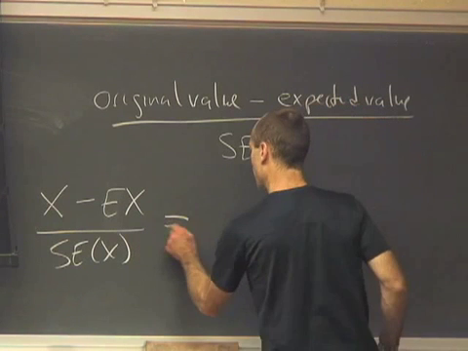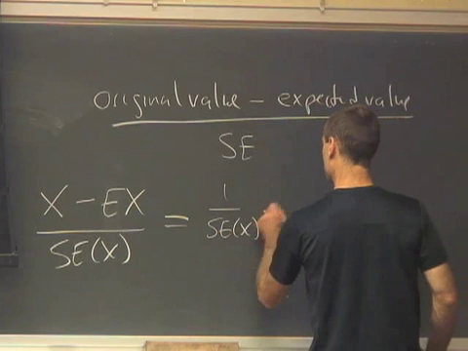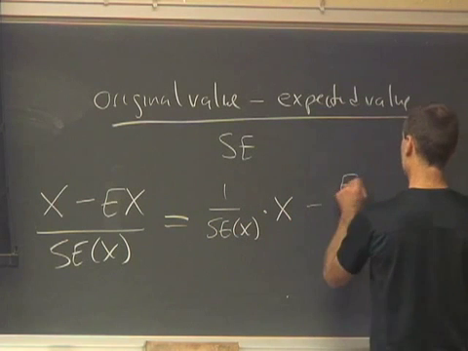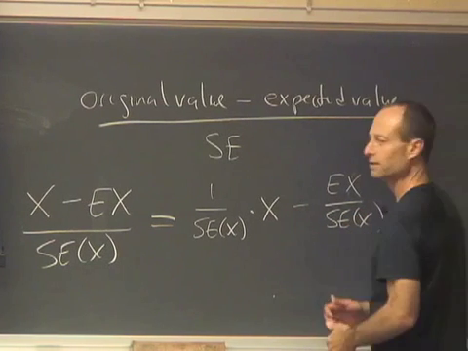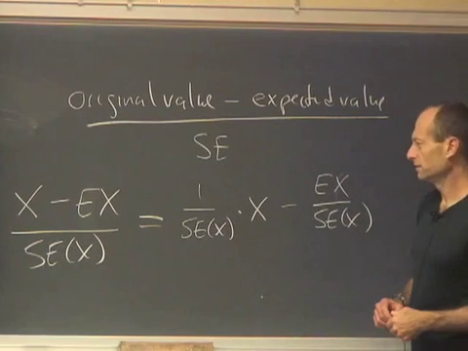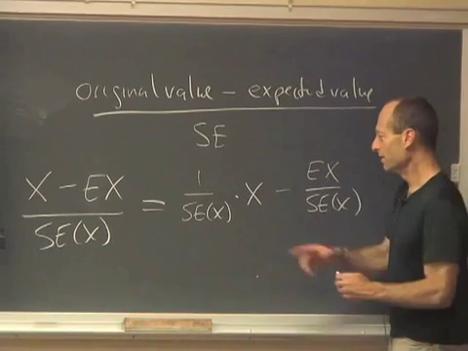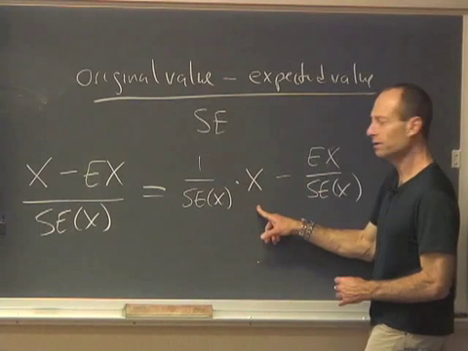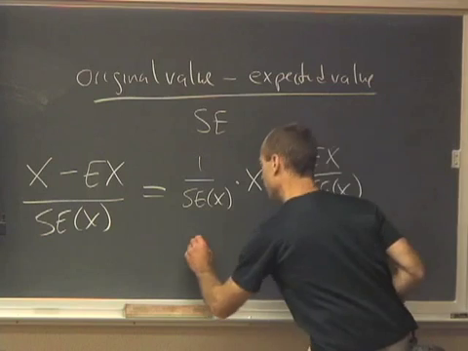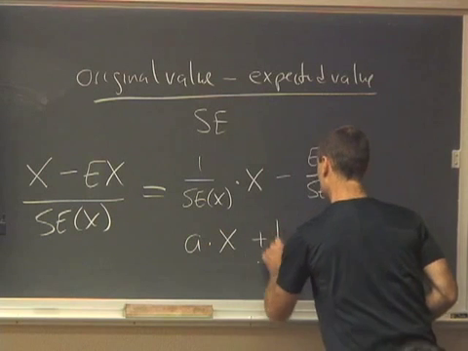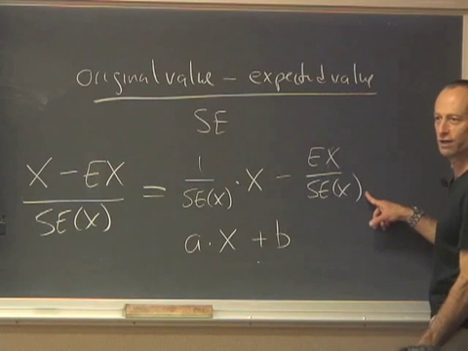I can actually write that as 1 over the standard error of X times X, minus the expected value of X over the standard error of X. Did I do that right? This is a constant times a random variable plus another constant. This looks like aX plus b, where a is 1 over SE of X and b is minus E of X over SE of X.